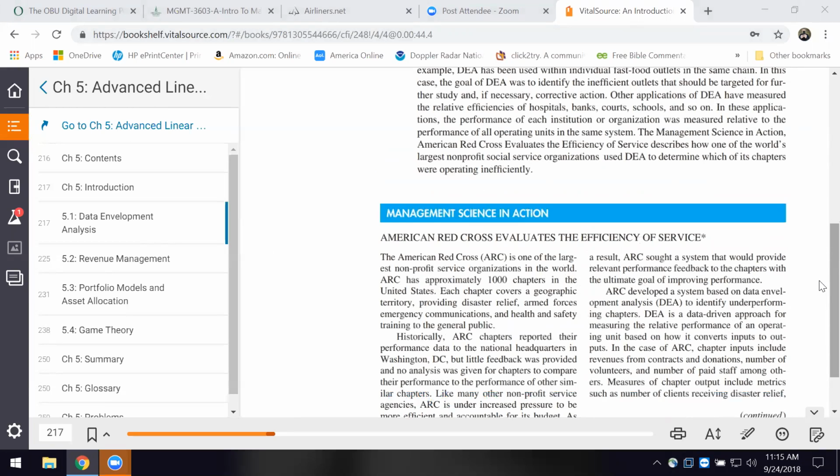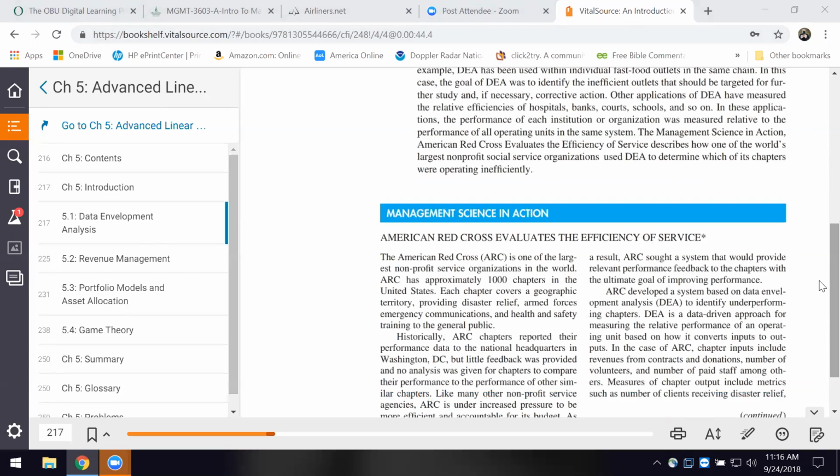And we build a composite hospital. We'll choose some variables, some inputs and some outputs, and we'll build a composite. Then that composite we use as a measuring stick to determine the efficiency of each of those hospitals. Okay, so that's really in a nutshell all it is.